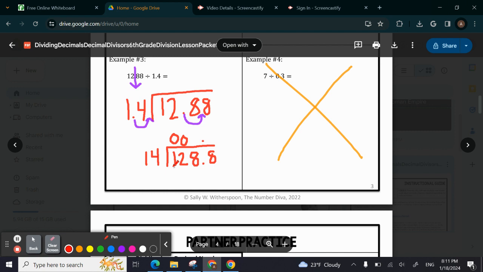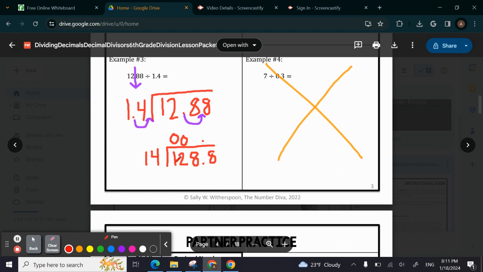128? Okay, so again, you can do multiplication to determine this. You could do repeated addition, right? You do 14 plus 14 plus 14 until you get to a number that's close to 128 before going over. Okay.